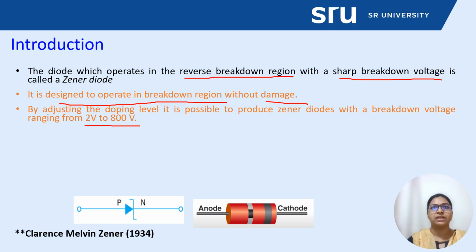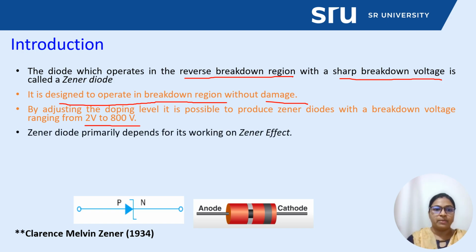It works like this: under normal reverse bias, the Zener diode does not conduct, but when voltage exceeds the breakdown point, it suddenly allows current to flow, keeping the voltage across it nearly constant. This controlled breakdown sets the Zener diode apart.